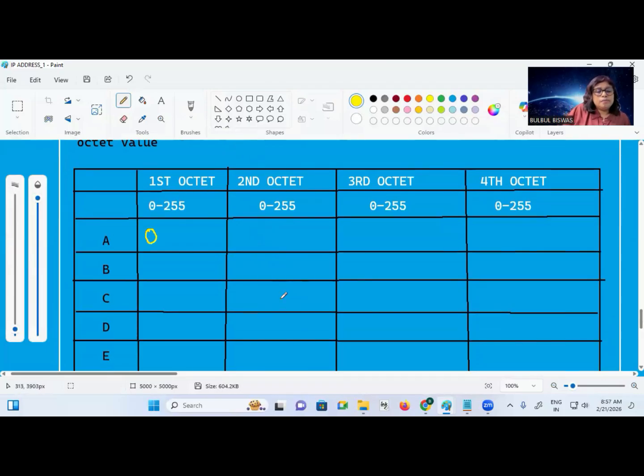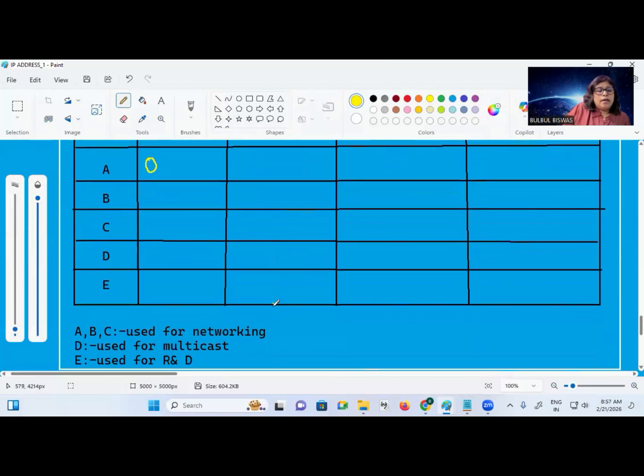The octet starts with 0 and ends with 255. So for class A it is 0 to 127. Sorry, for class B it is 128 to 191. For class C this is 192 to 223. For class D it is 224 to 239. And for class E it is 240 to 255.